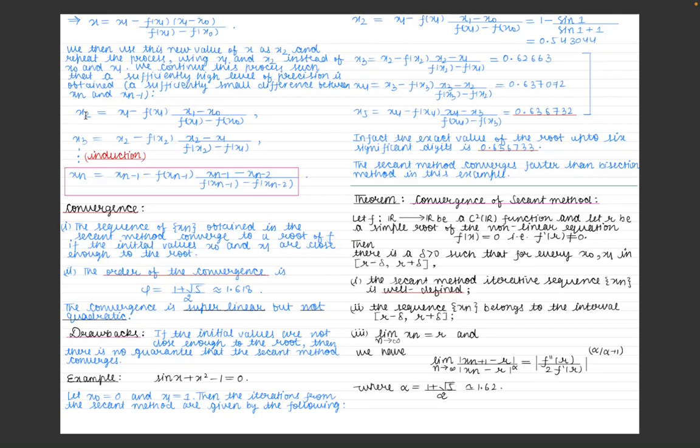So if you keep on doing this, you will get x2. You just look at this. So our x2 was this. Now, how will you obtain x3? It will be the same as the previous iteration, just the points being changed accordingly.